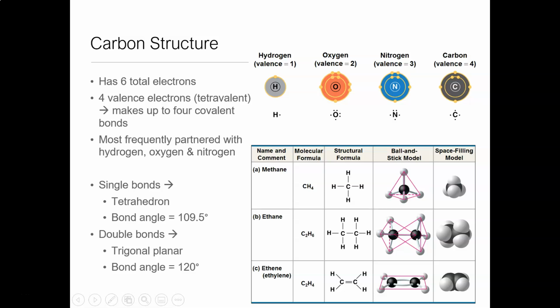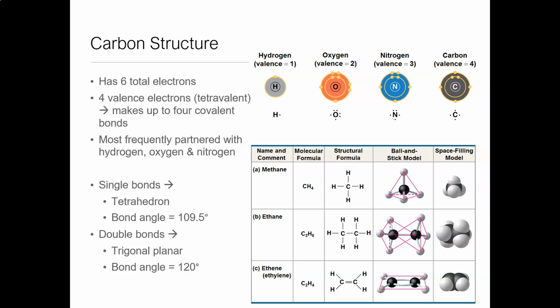Carbon has a total of 6 electrons, 2 in its first orbital, and then the ones that we're really particularly interested in are the 4 valence electrons in its second orbital. So we talk about carbon being tetravalent, tetra meaning 4, so 4 valence electrons. And based on carbon's electronegativity and those 4 valence electrons, carbon participates in covalent bonding.